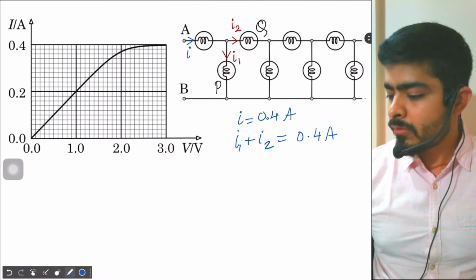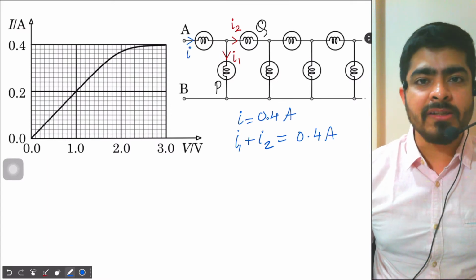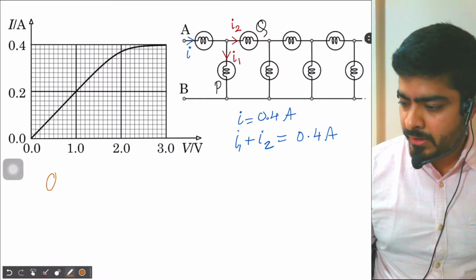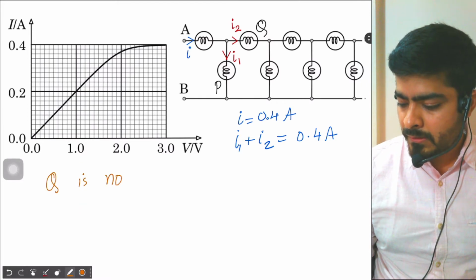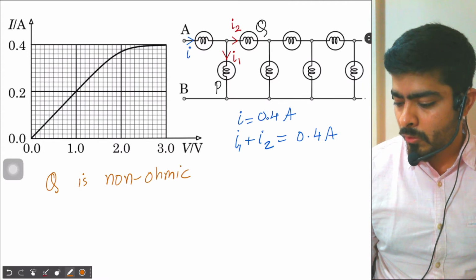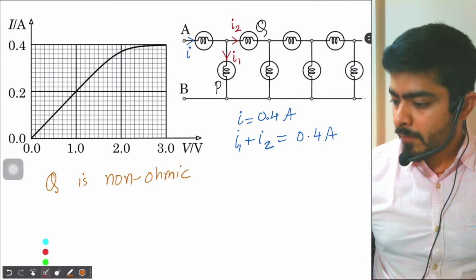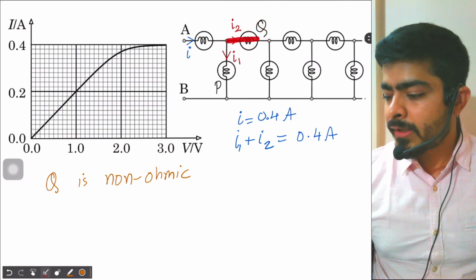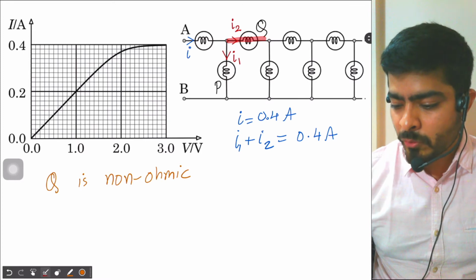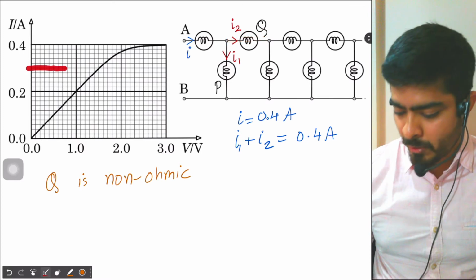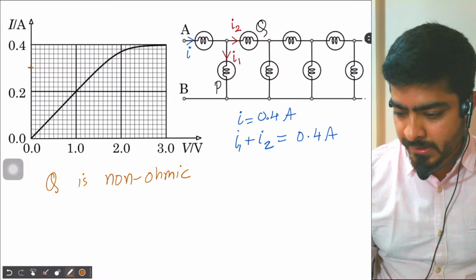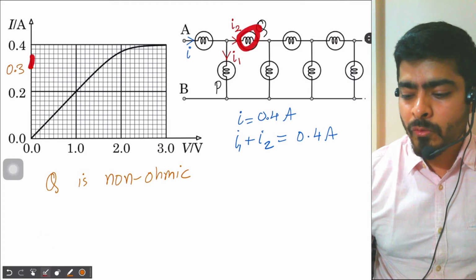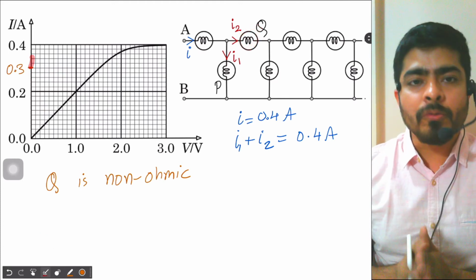Now let's start with the first assumption that Q is non-ohmic. If Q is non-ohmic, that means the current flowing in the lamp Q should be more than this limit. The limit for ohmic is 0.3, right? So the current in Q should be more than 0.3 for it to be non-ohmic.